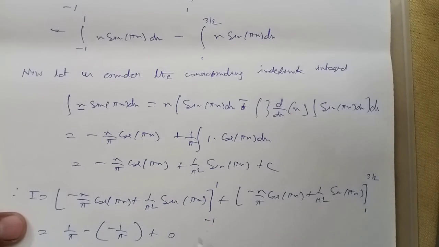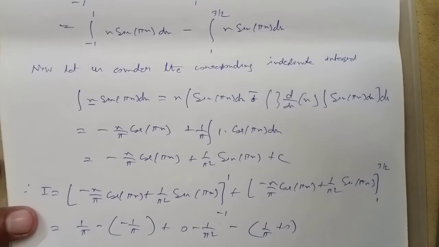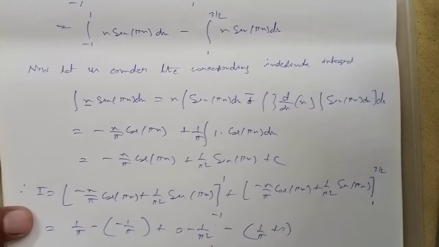Sine of 3 pi by 2 is minus 1, that is minus 1 by pi square. Then minus, put 1 here. Cos of pi is minus 1, that is 1 by pi. This is 0. So finally we get 2 by pi minus 1 by pi square minus 1 by pi. So 1 by pi minus 1 by pi square.